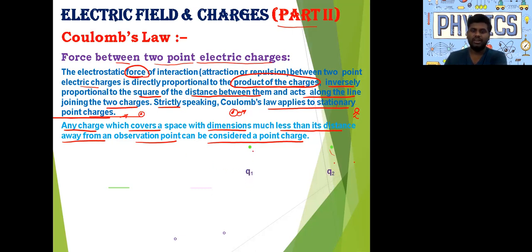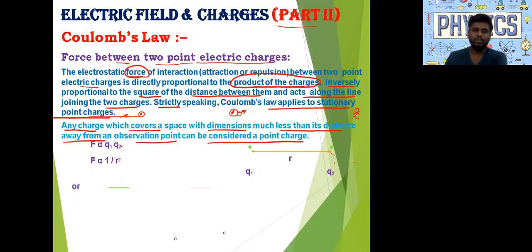Then we take the 2 point charges Q1 and Q2, separated by the distance R. From Coulomb's law, we know force is directly proportional to the product of the two charges Q1 and Q2, and force is inversely proportional to the square of the distance between them.